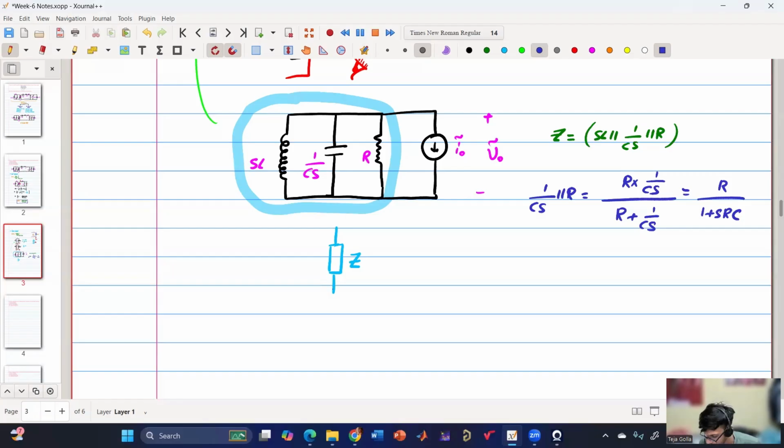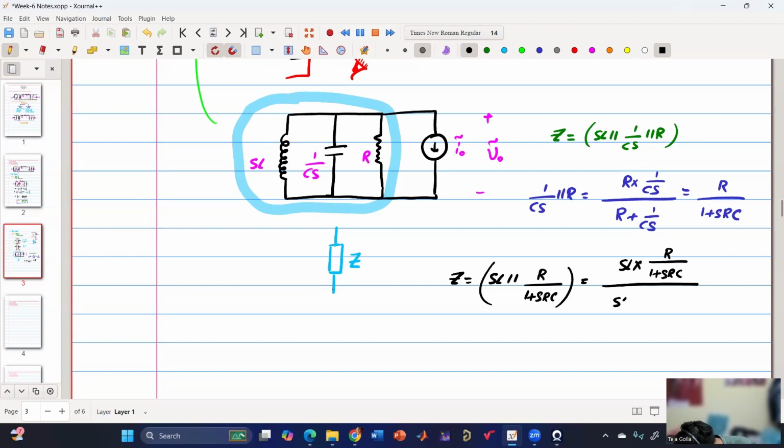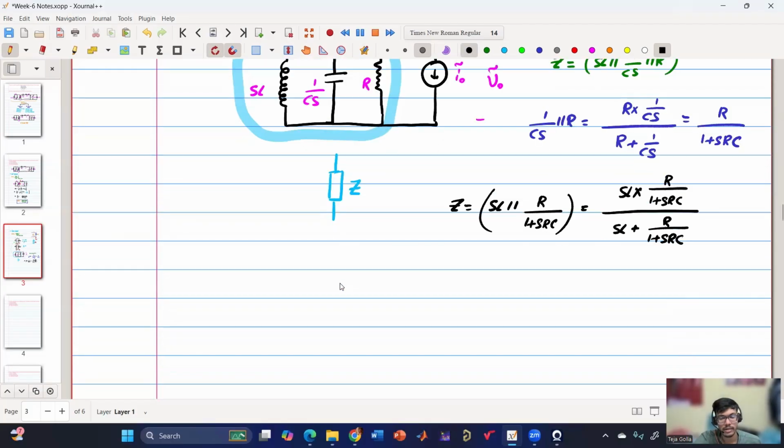Now my Z will become SL parallel R by 1 plus SRC. So I will get SL into R by 1 plus SRC by SL plus R by 1 plus SRC. Agreed?